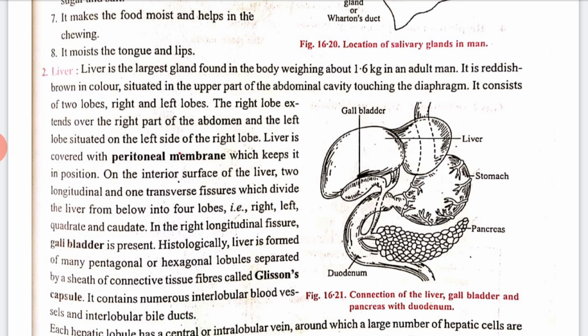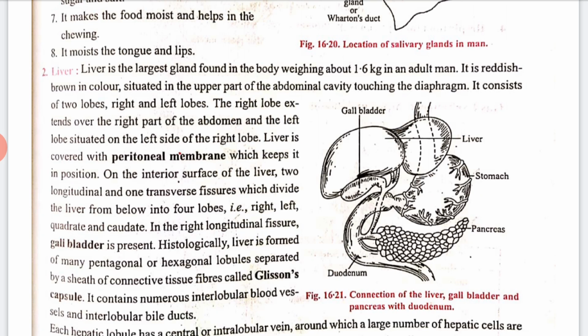Now if we see the histology of the liver, it is made of many pentagonal or hexagonal lobules separated by a sheath of connective tissue fibers called Glisson's capsule. It contains numerous interlobular blood vessels and interlobular bile ducts.